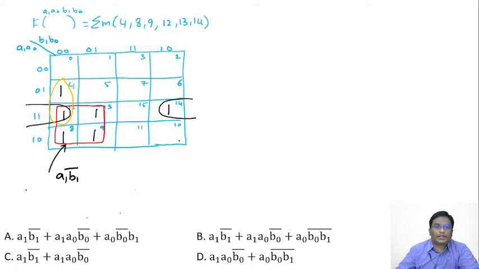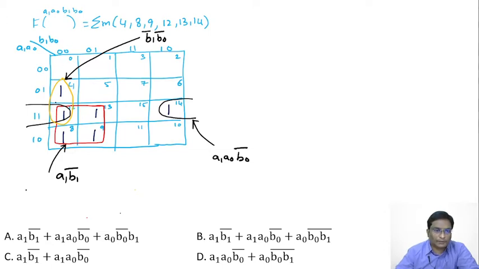For the next one, this is in this row 1, 1, so this is A1, A naught, and here these two are common 0, 0, therefore B naught bar. For the last one, it is in this row B1 bar, B naught bar, in this column, and in these two, A naught is common. Therefore this is A naught.